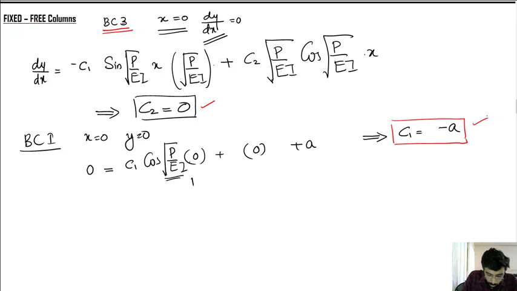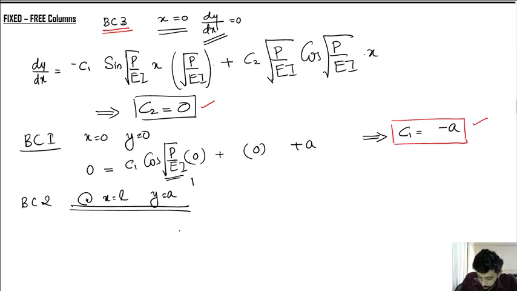Finally, if we apply the second boundary condition, at x is equal to L, y equal to a, the equation is going to be a equal to c1, which is minus a, cos root of p by ei into L, plus a.